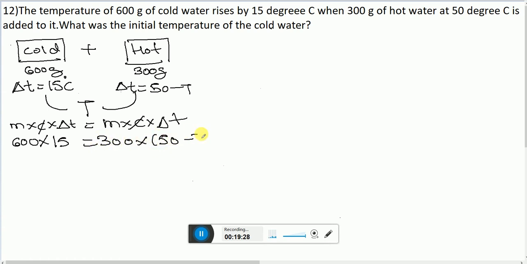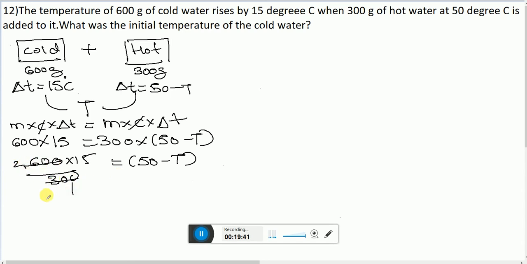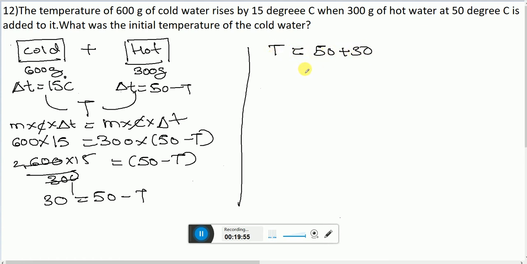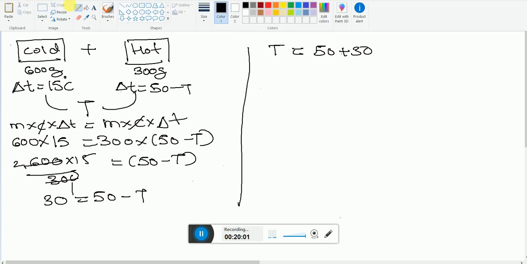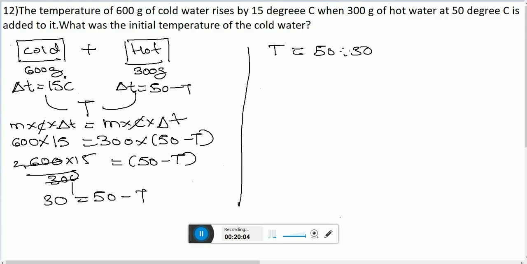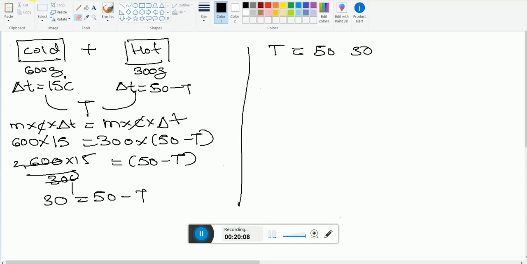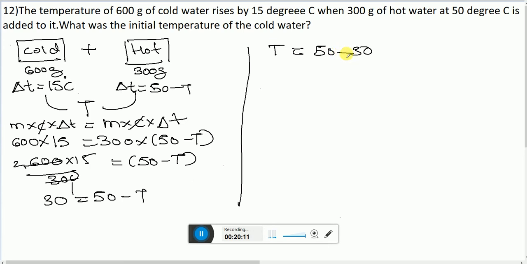Change in temperature is 50 minus T. This can be calculated as 600 into 15 equal to 300 into 50 minus T, which is equal to 30, and 50 minus T. Transposing T here and 50 on right hand side, we get T equal to 20 degree centigrade.